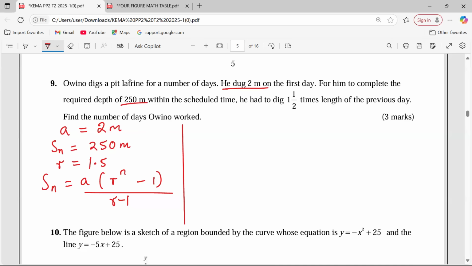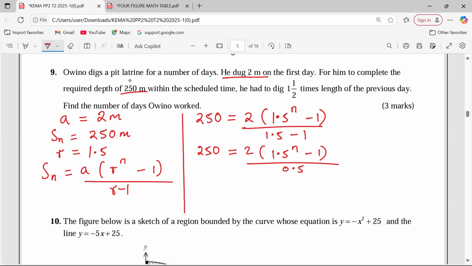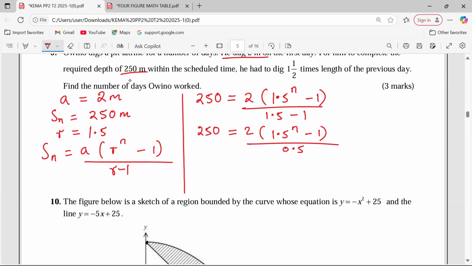With this knowledge, we can say 250, which is the sum of all the lengths, equals the first term, which is 2, into 1.5 power n minus 1, and we divide everything by 1.5 minus 1. You see now I'm having 250 equals 2 into 1.5 power n minus 1 out of 0.5. So now we are getting the value of n.